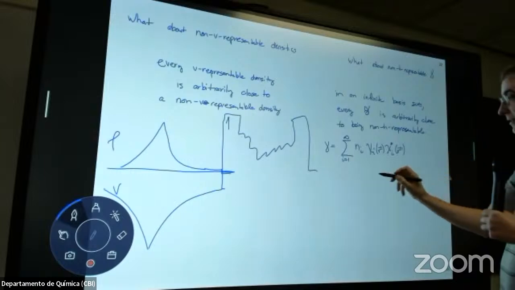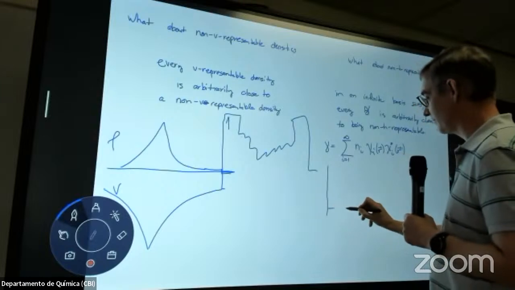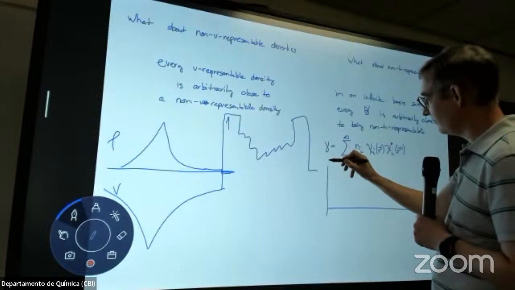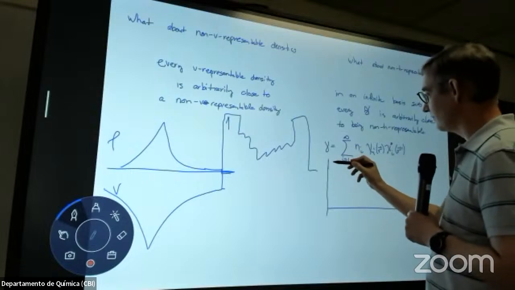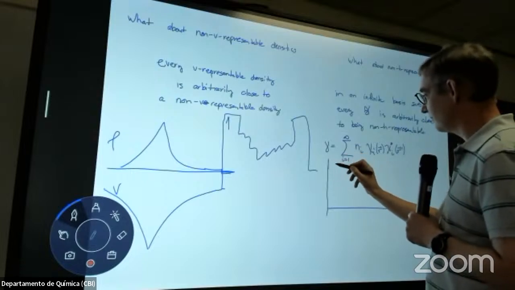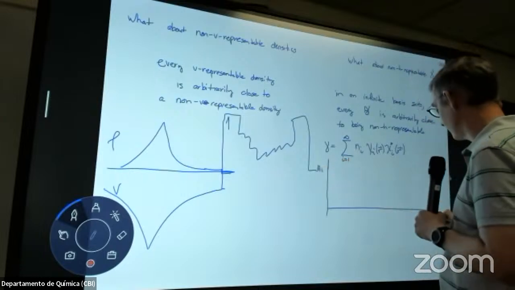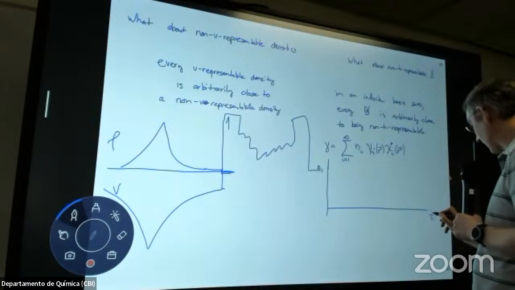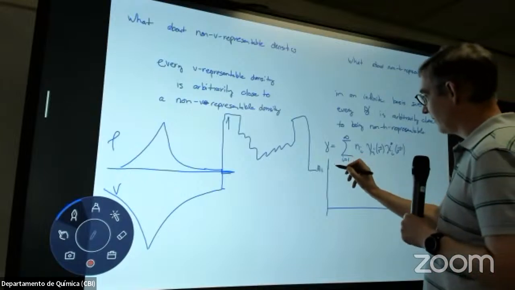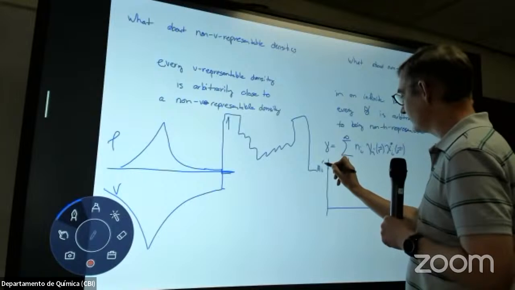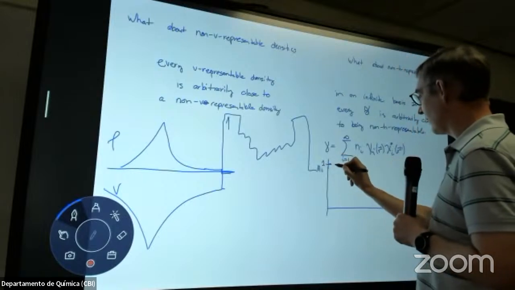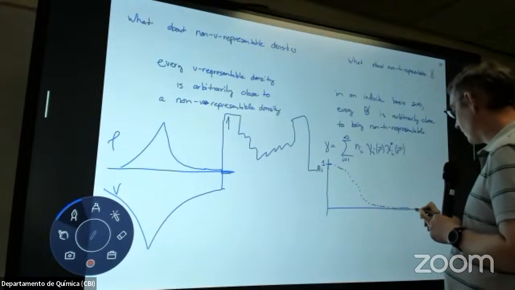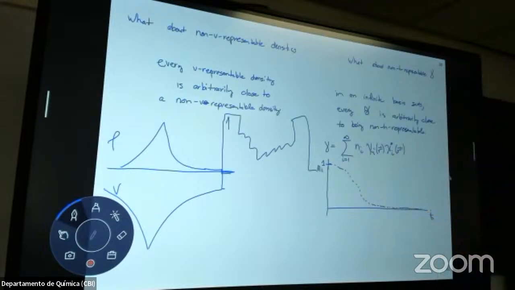If I were to plot these occupations, they're going to start at 1, and then eventually they're going to get arbitrarily close to 0, right?